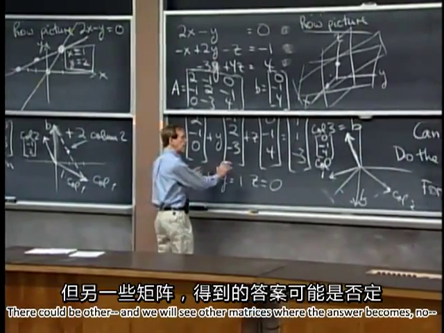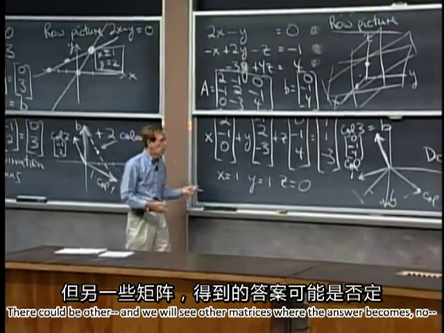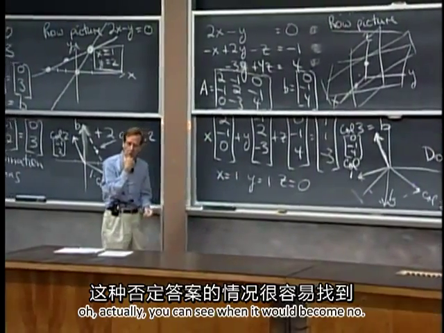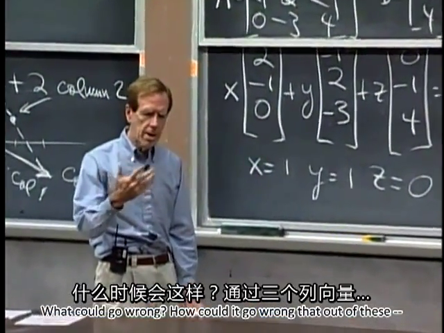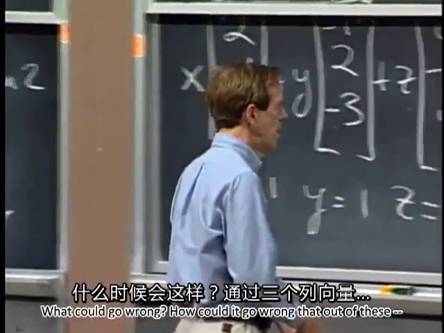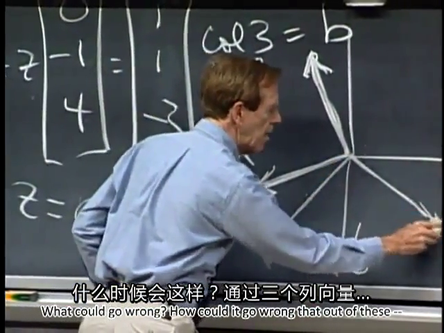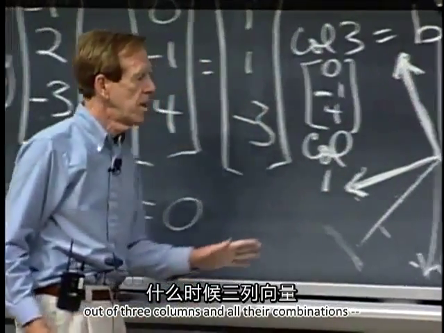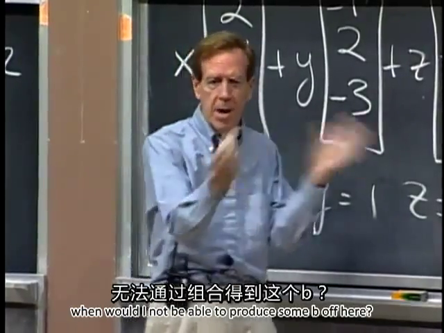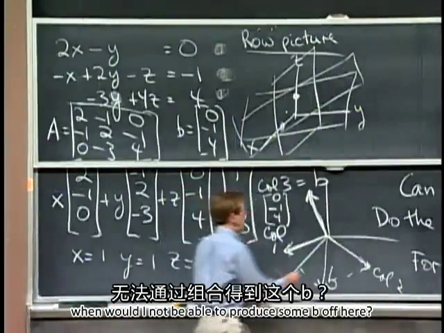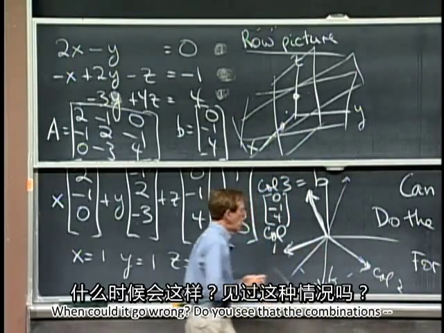There could be other matrices, and we will see them, where the answer becomes no. Oh, actually, you can see when it would become no. What could go wrong? Out of 3 columns and all their combinations, when would I not be able to produce some B?